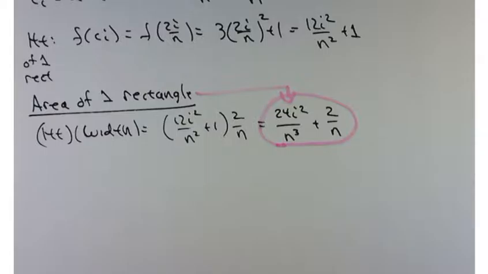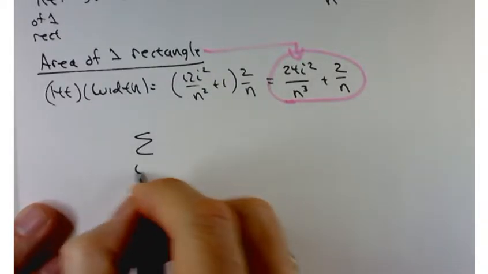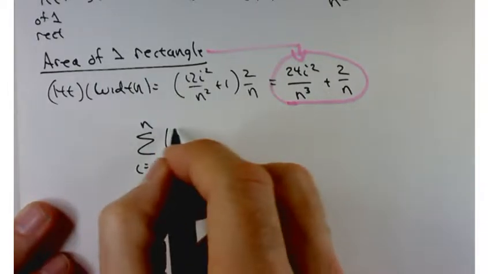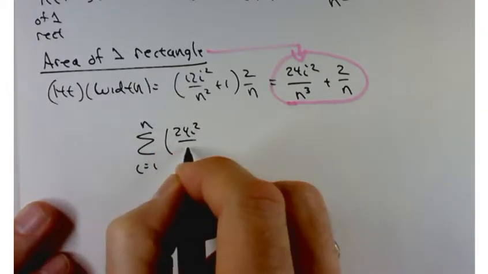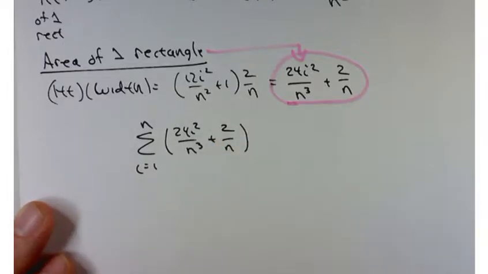Well, we don't want the area of just one rectangle. We need to add up the area of all those rectangles. So that's where we're going to do the summation. So it's going to be the sum from i equals 1 to n of 24i squared over n cubed plus 2 over n, like that.